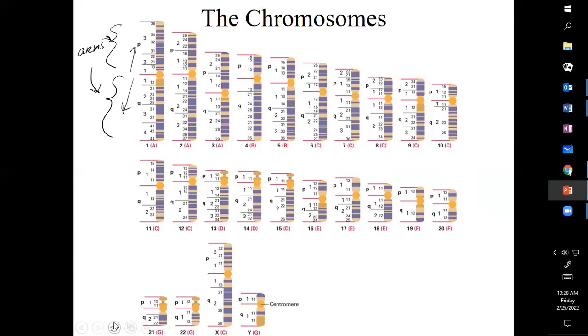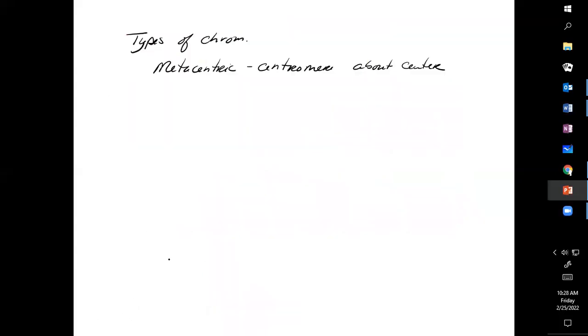We also have some genetically unstable anomalies that we're going to talk about. Chromosomes that have no centromere, not to be confused with acrocentric, we call acentric.